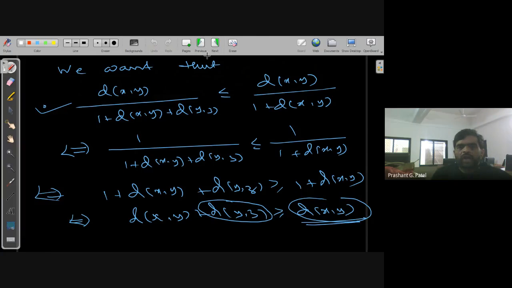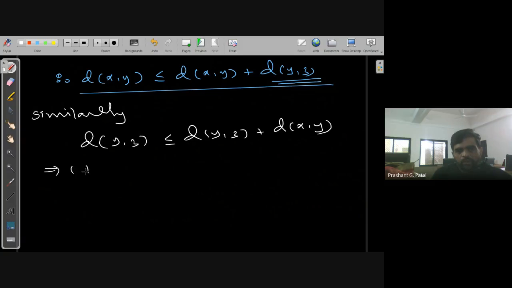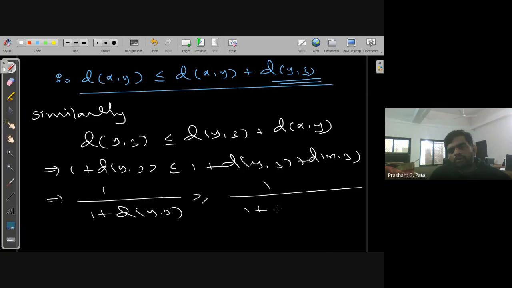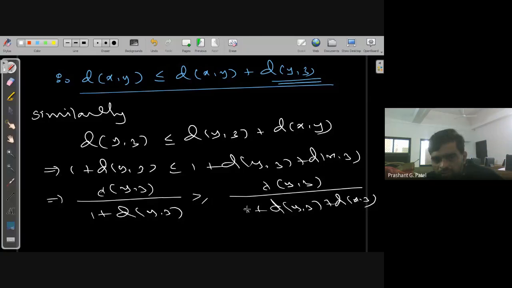First we add 1, which implies 1 plus d of yz is less than or equal to 1 plus d of yz plus d of xz. Now take the reciprocal: 1 upon 1 plus d of yz is greater than or equal to 1 upon 1 plus d of yz plus d of xz. Now multiply by d of yz on both sides. Since d of yz is a non-negative number, the inequality will not change.